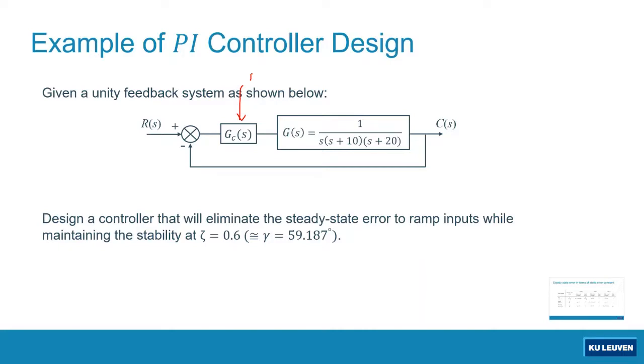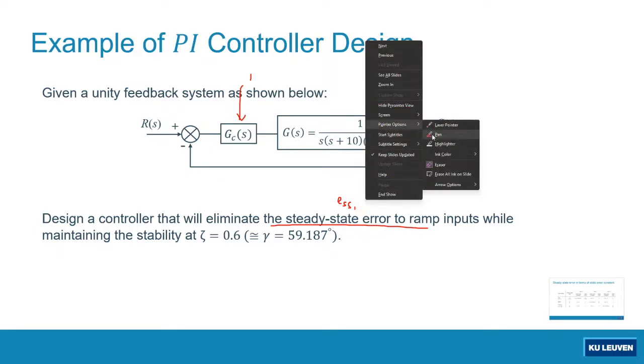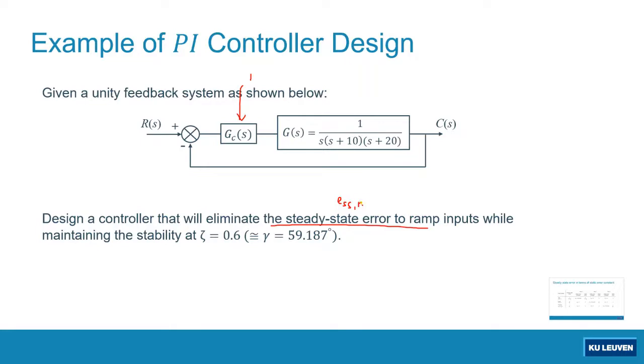We want to improve the performance of this system with an objective. The design requirement of the controller is that we need to eliminate the steady state error due to the ramp input. Eliminate means we want to completely, not only reduce, but make it equal to 0.